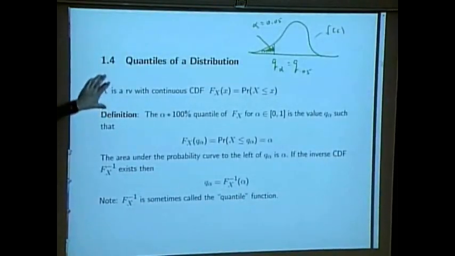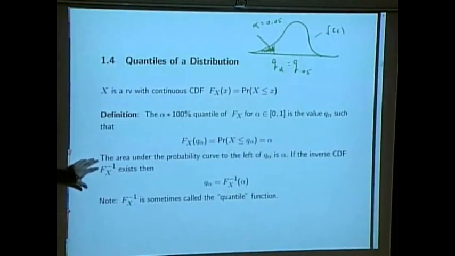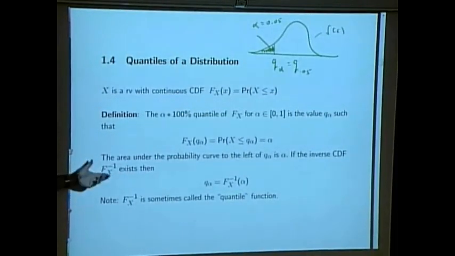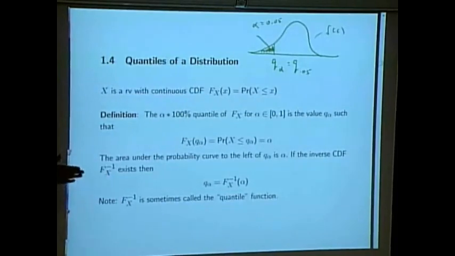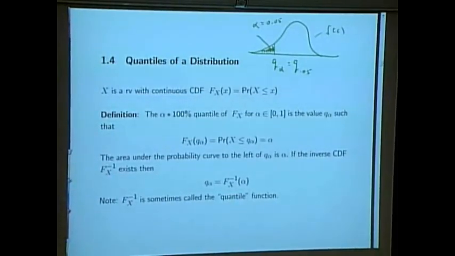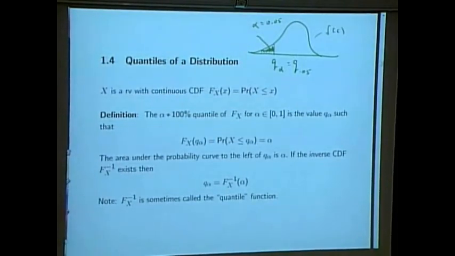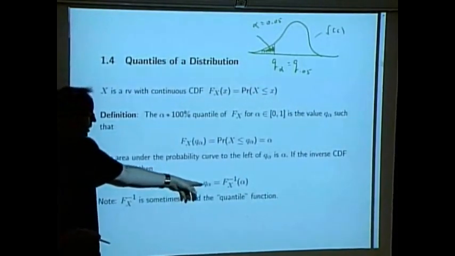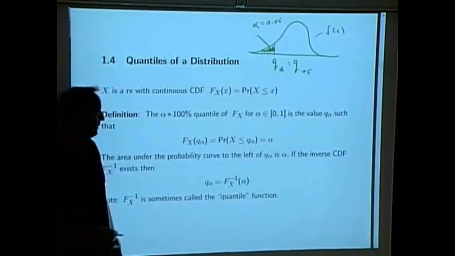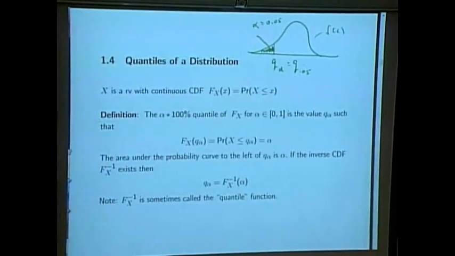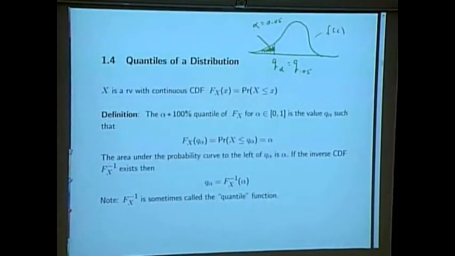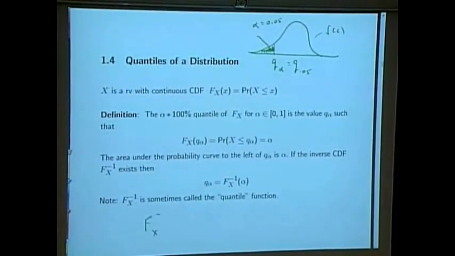So the picture that I just described: if we have a continuous cumulative distribution function, then the inverse of the distribution function exists. And then we can solve for the quantile by applying the inverse function. Now the inverse function satisfies F_X inverse of F_X of q alpha is equal to q alpha.